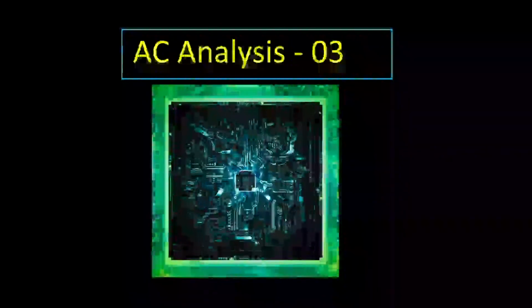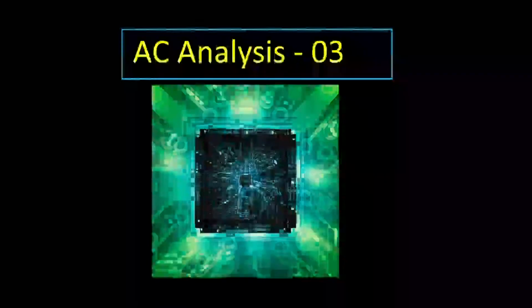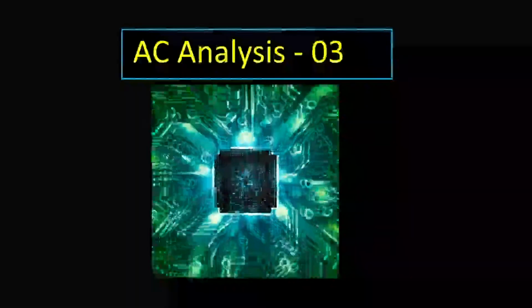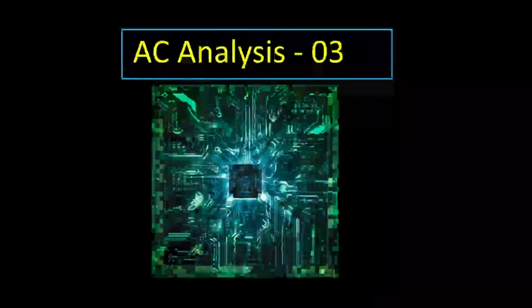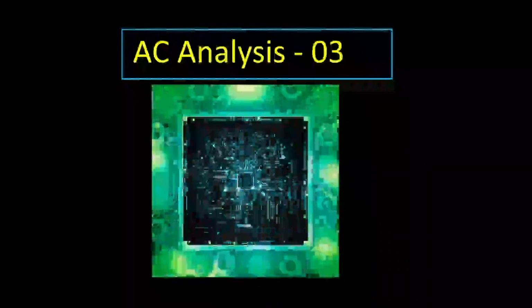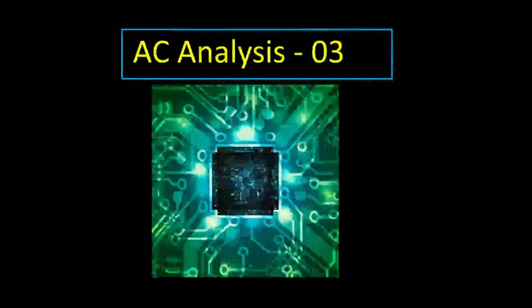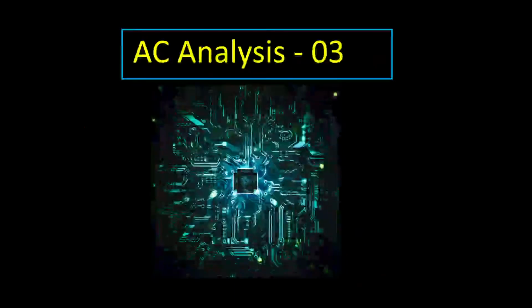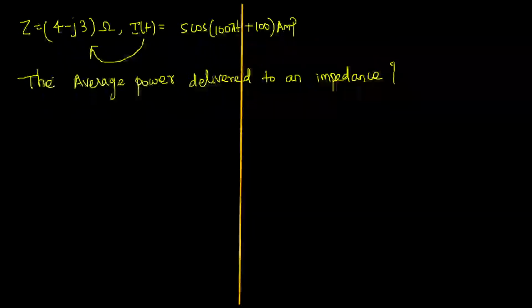I think in the last class, I had given one small homework question. I requested you all to calculate the average power delivered by the impedance, something like 4 minus j3. How many of you got the answer for that question? I have given the current also, right?